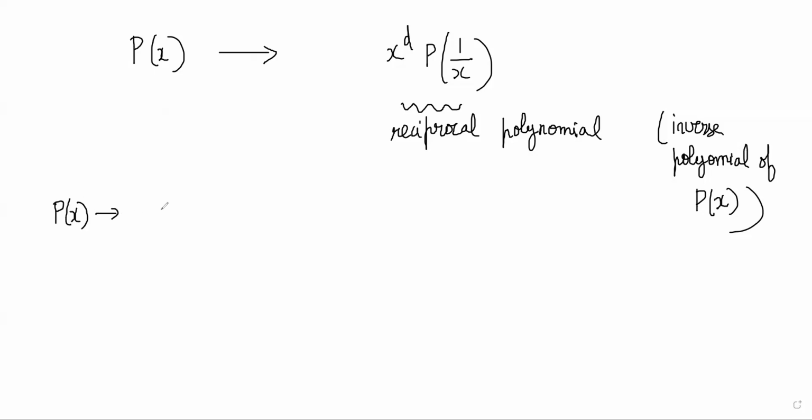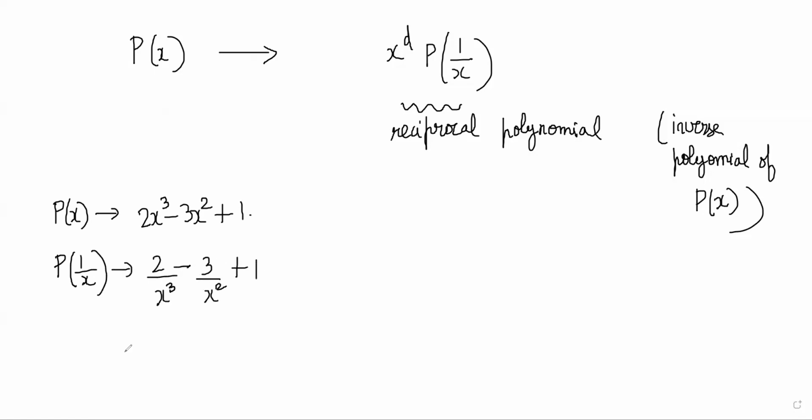So p of x is, let's say, 2x cubed minus 3x squared plus 1. Let's calculate p of 1 by x. P of 1 by x will be 2 by x cubed minus 3 by x squared plus 1. And the degree of this polynomial p was equal to 3. So in order to calculate the reciprocal polynomial, I should multiply x cubed and p of 1 by x.